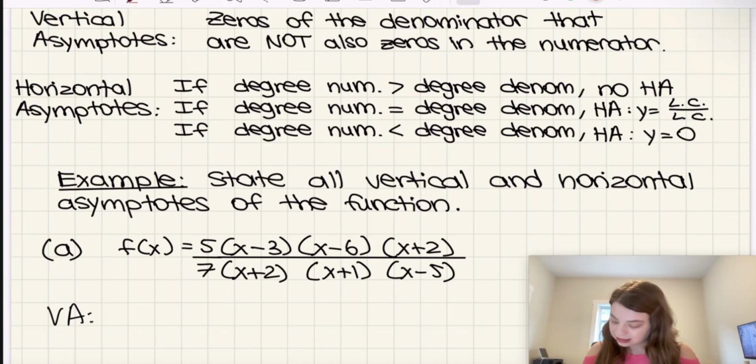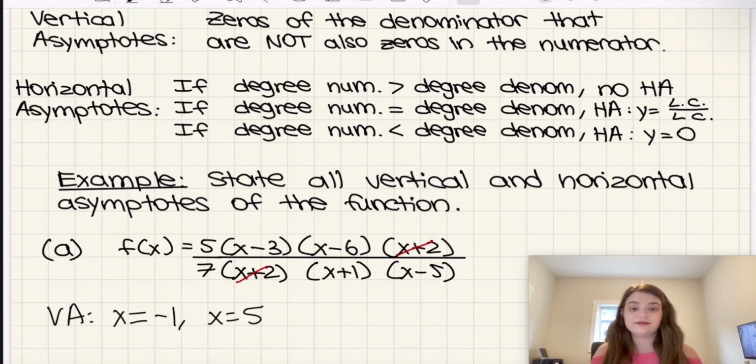Well, yes. x plus 2 and x plus 2 cancel out, and that means that at x equals -2, there is a hole. So it's not also a vertical asymptote there. The vertical asymptotes are at x equals -1 and x equals 5.